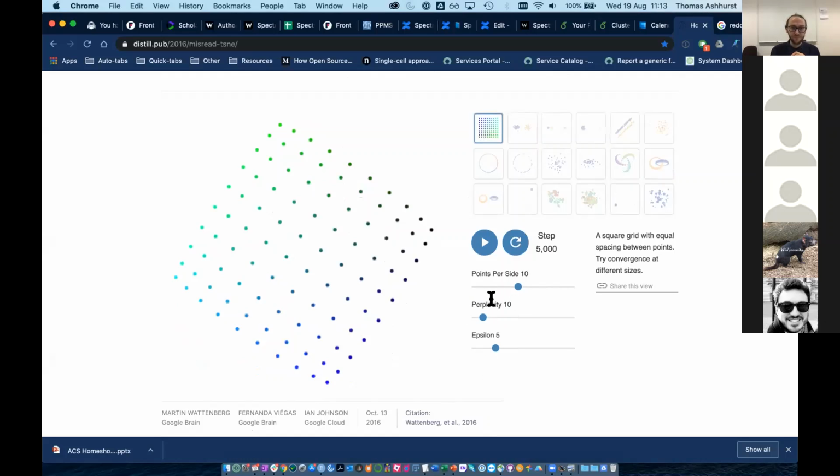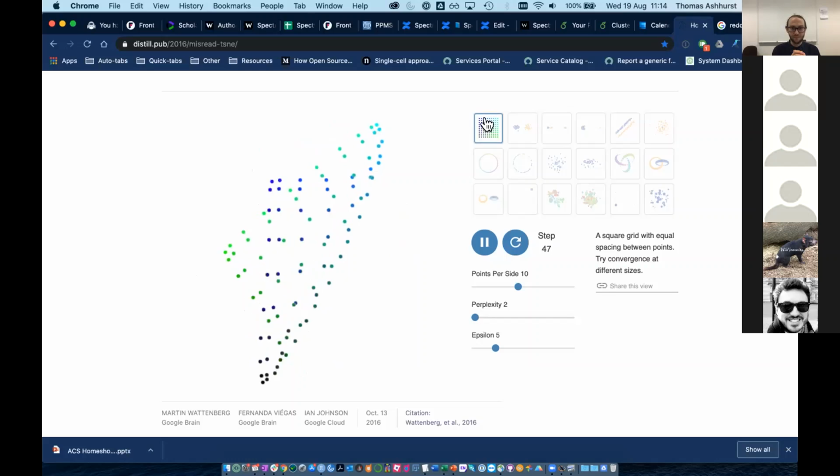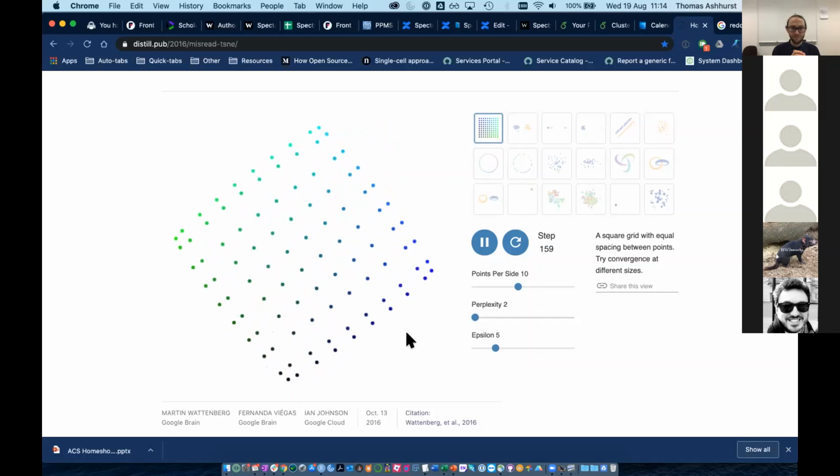Perplexity essentially says whether we're trying to look for local relationships or global relationships. Low perplexity means I want to look at really fine-grained collections of cells at the expense of the overall data structure. High perplexity says I don't really care about the fine-grained stuff, I just want to see how all the points relate to each other. So this is a real life experiment, but if I turn this down, then we shouldn't get it. Oh, damn, we did get a grid.